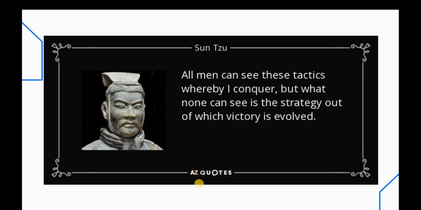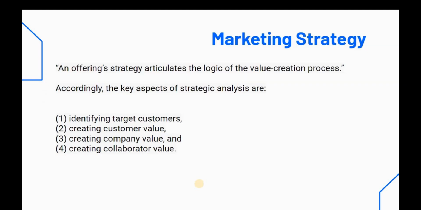According to him, all men can see these tactics whereby I conquer, but what none can see is the strategy out of which the victory is evolved. So, this is very much true. We sometimes see the tactics, but we do not see the underlying strategy in which the victory was achieved. Okay, and this has something to do with what we will be discussing for today.